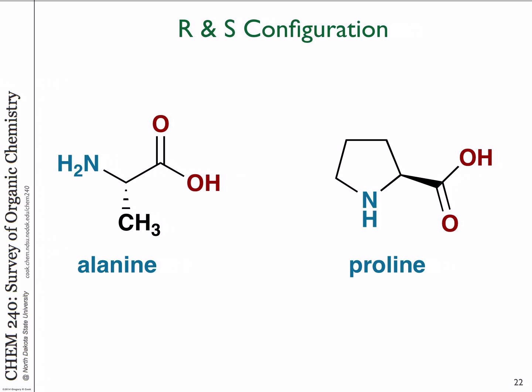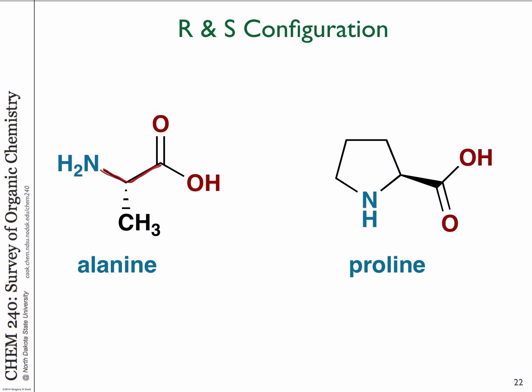So in this case, we have 2 bonds that are in the plane of the board. Here, we have the CH3 going to the back. The hydrogen must be coming out towards us. By the way, I see people draw all kinds of things.